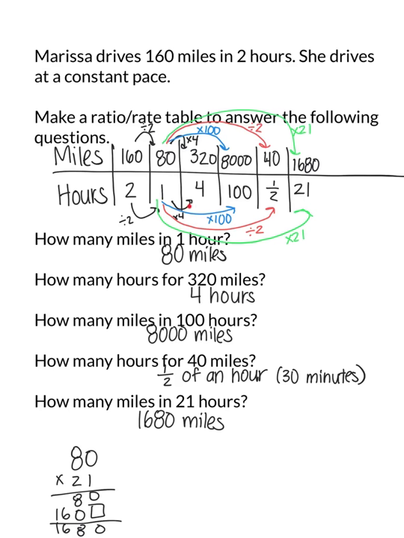Whatever I do to the one side of the table, I need to do to the other side of the table. And if I start off with this 1, then on the top, I always need to start with the 80. Or if I start with the 80, then I always need to start with the 1. I'm using the same column of the table to help me solve.